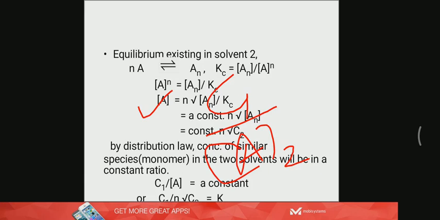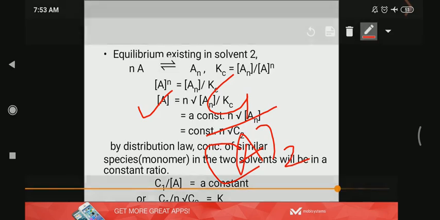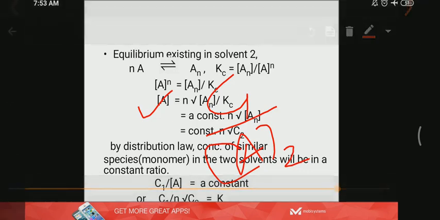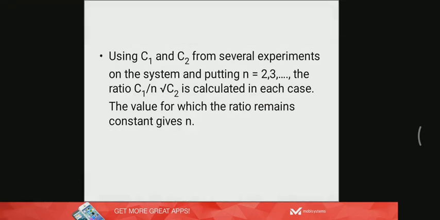So we have written the nth root of C2 here because we have to consider the concentration of the form A only in solvent 2. Otherwise we write C1 by C2, but C2 here is the concentration of the polymeric form, that is AN, right?